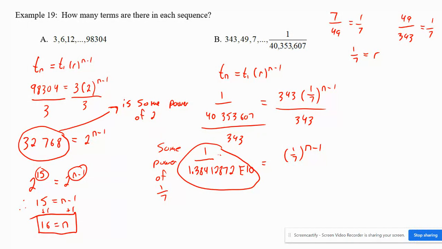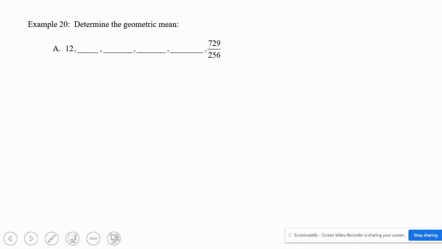Let's try 1/7 to the 8th. Okay, didn't work. Let's try going to the 9th. Let's try going to the 10th. Let's try going to the 11th.